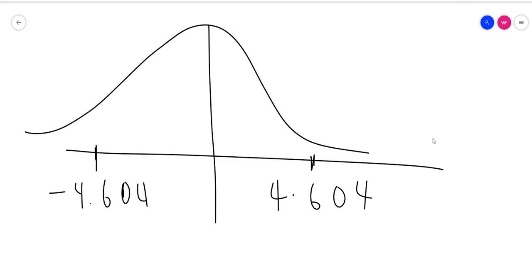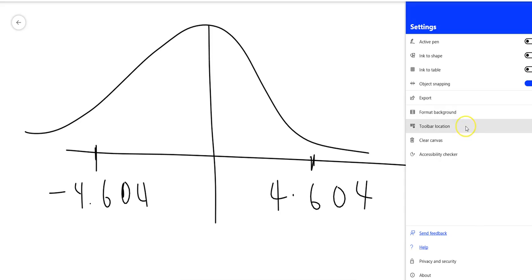Now let me just do one more example. So they might ask, instead of alpha being 0.01, alpha equals 0.05. So let's say alpha equals 0.05 instead of 0.01. Instead of 5 matched pairs, let's say that there's 7 matched pairs.